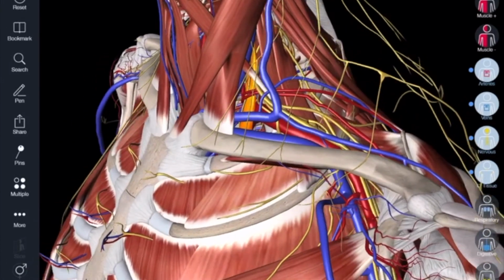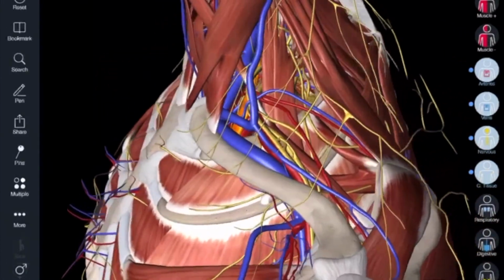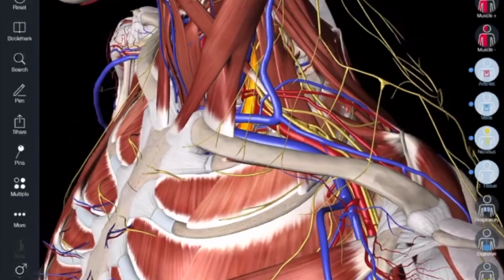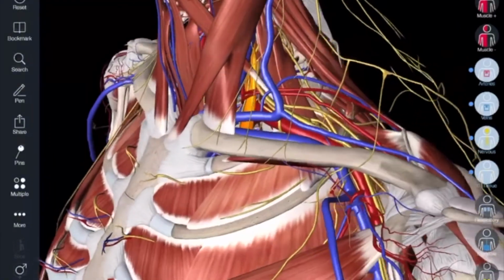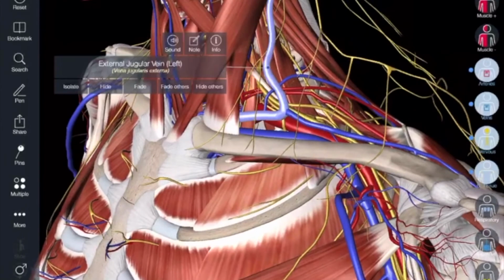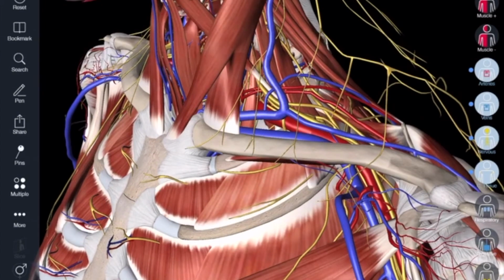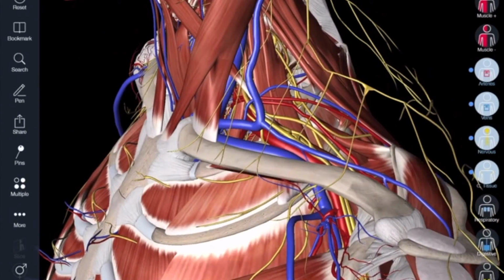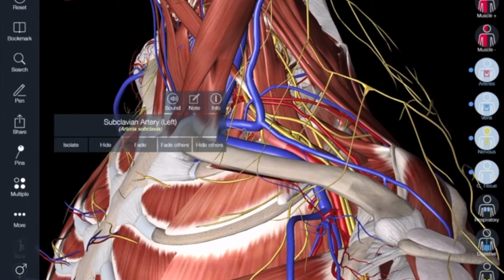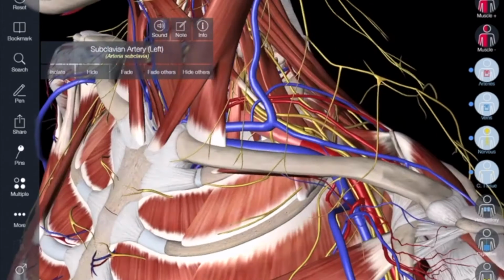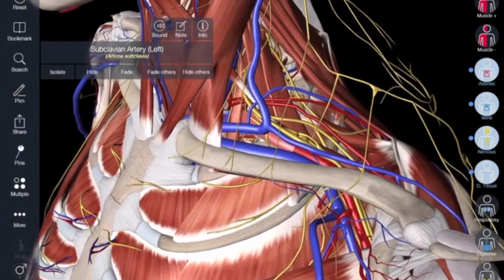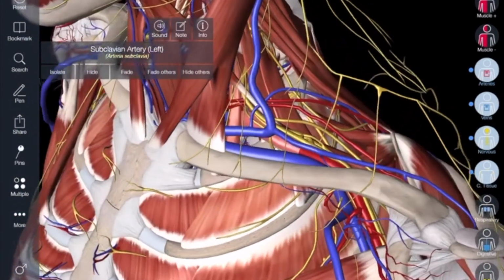So notice all of that stuff that is coming out between the anterior and the middle scalene. That's not actually coming out, that's the external jugular vein. It's not actually coming out from between there, but let's see if we can find some things that are. The subclavian artery runs through that space in between the anterior and the middle scalene.